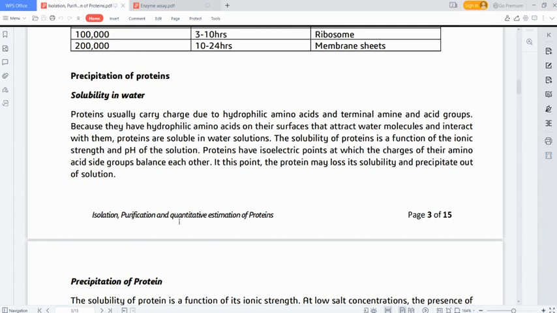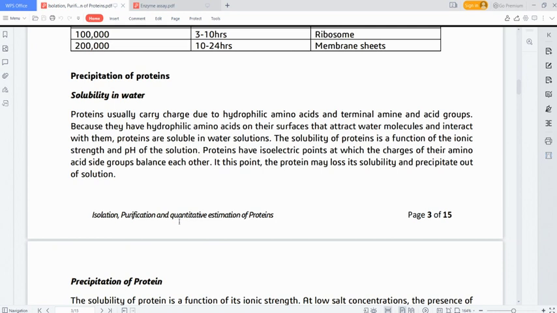Now, proteins have isoelectric points at which the charges of their amino acid side chains balance each other. At this point, the protein may lose its solubility and precipitate out of solution.